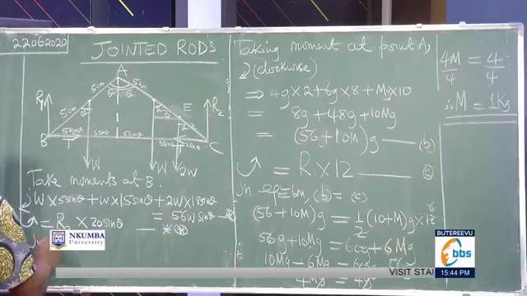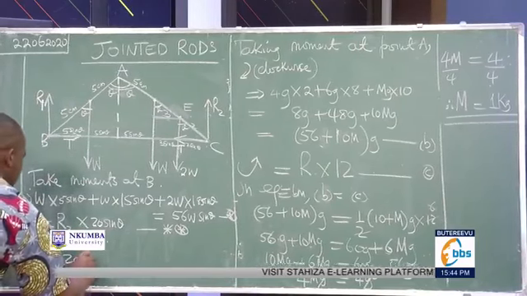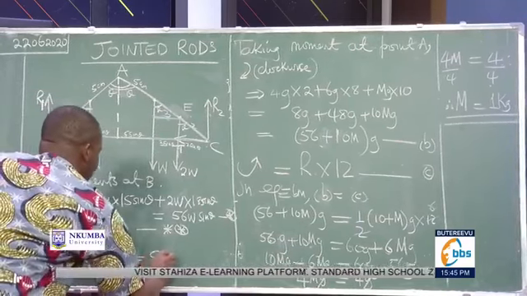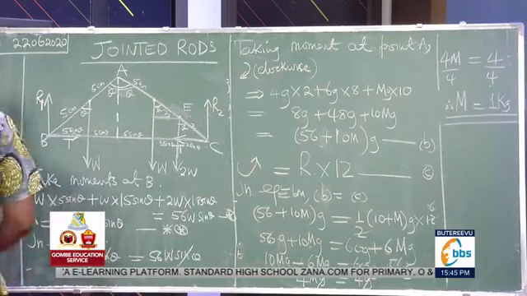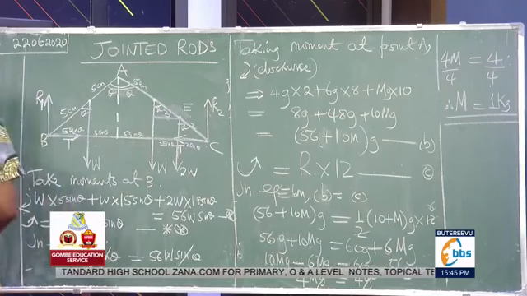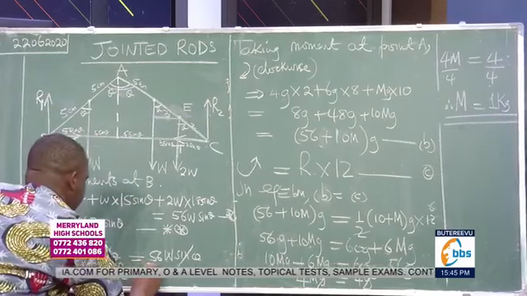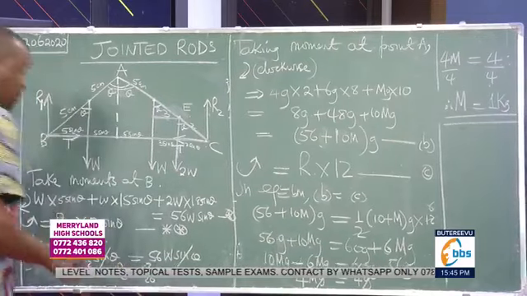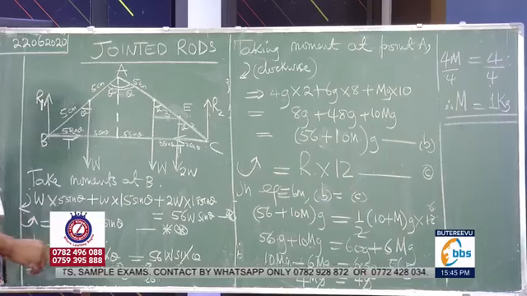In equilibrium, we equate these two, and we shall get 20 R2 sine theta is equal to 56 W sine theta. The sine theta cancels, and we are able to get our R2. I think it can fit here as 56 W out of 20, which we can simplify by 4.